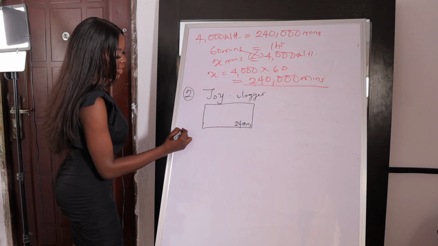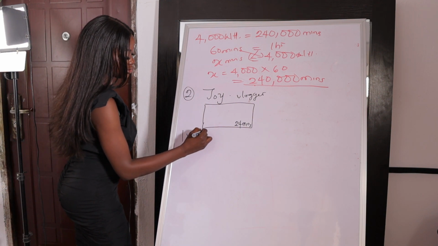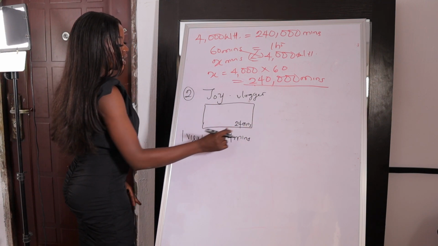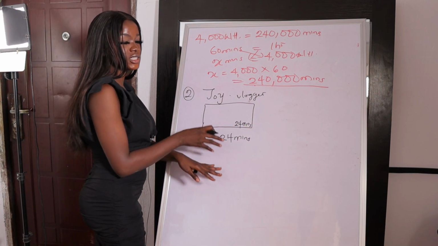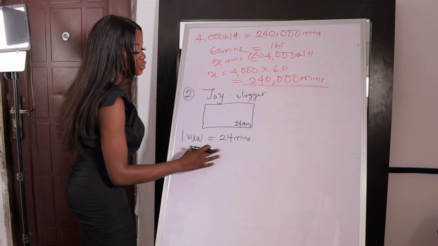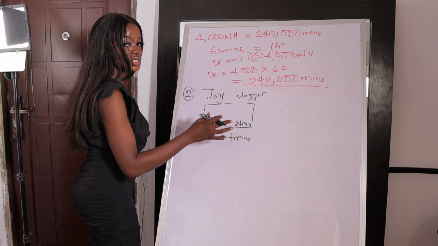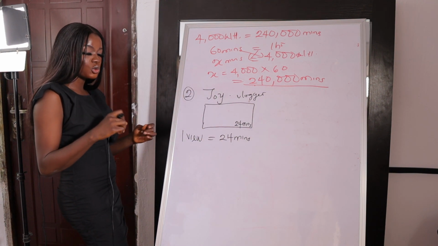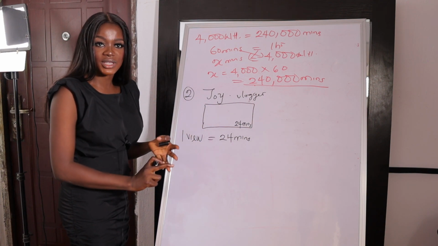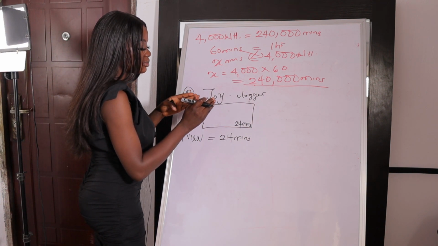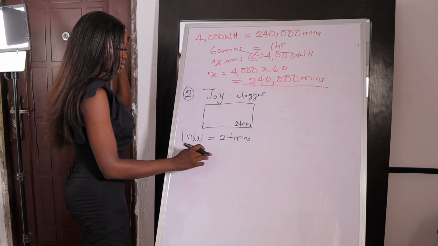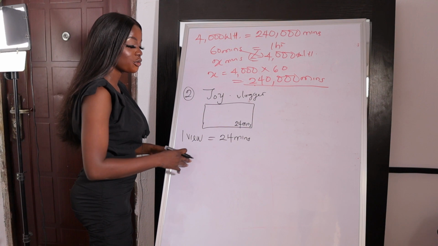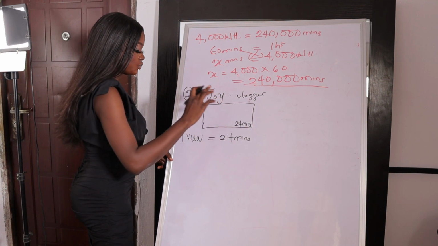For every one view that Joy gets, the person has watched for 24 minutes, the entire duration from 0 to 24, from the intro, without clicking out, without skipping. Joy has generated 24 minutes because the person spent 24 minutes of his or her time watching this video.